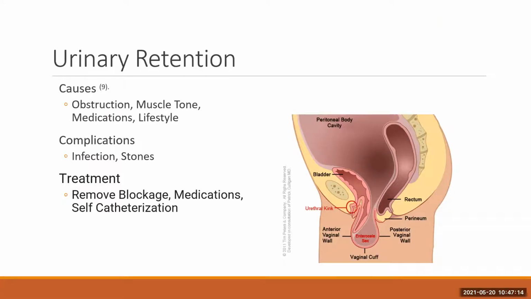Yeah. I think this just taught me something, because we know obstruction, muscle tone, medications, and lifestyle cause problems and can make people more at risk of infection. Now that we know these are risk factors, this is an advocacy opportunity, right?